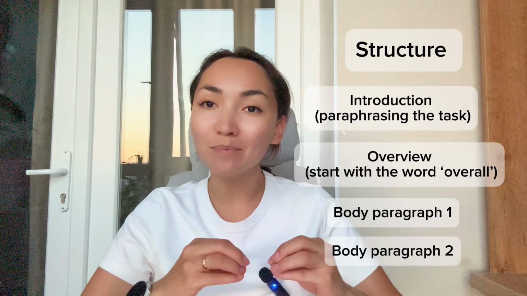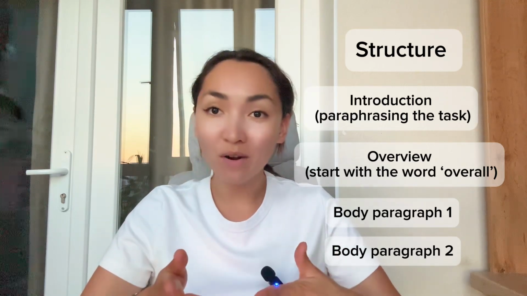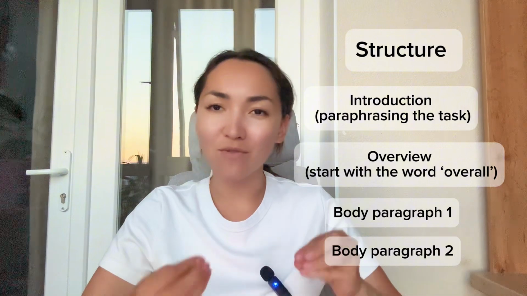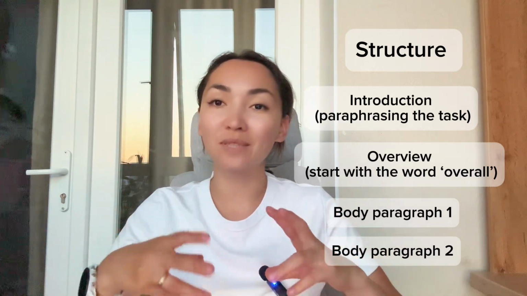In the last body paragraph, you need to write the contrast paragraph or other main trends or features of the visual. You may continue writing the key features, or you can compare other key features with the previously described data. You need to complete the information logically.